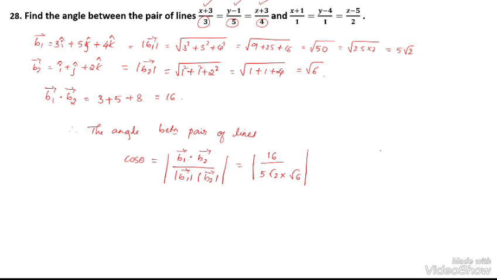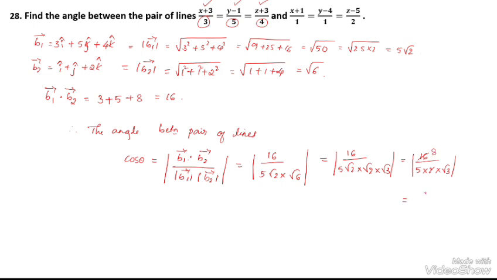Then it is 16 divided by 5 root 2. Then root 6 can be written as root 2 into root 3. Then 16 divided by root 2 into root 2, it becomes 2. 5 into 2 into root 3. 2 eights are 8.